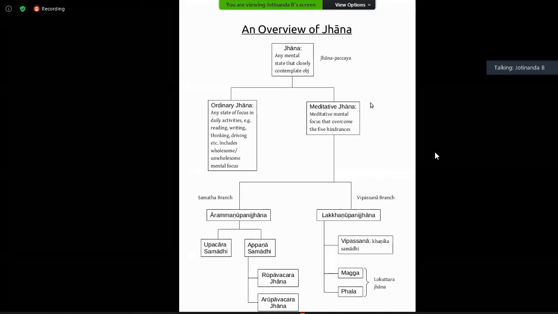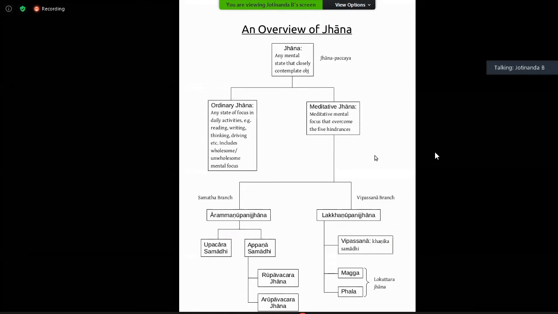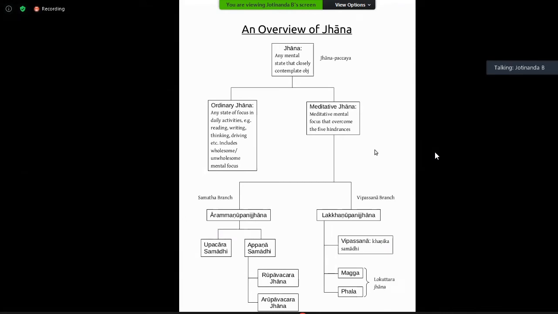Therefore, meditative jhana is exclusively kusala. There is no akusala meditative jhana. So in Buddhist meditation, we only develop wholesome states of mind.